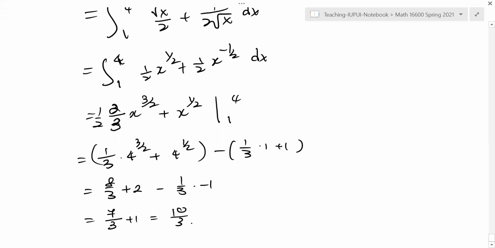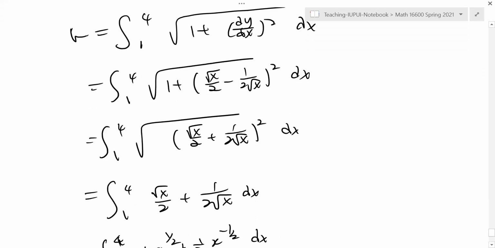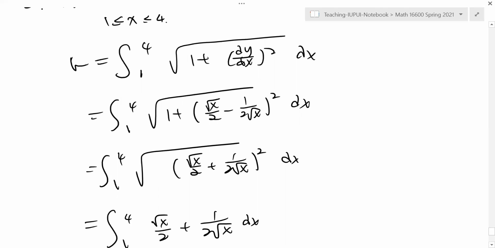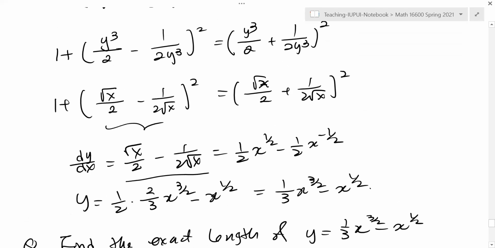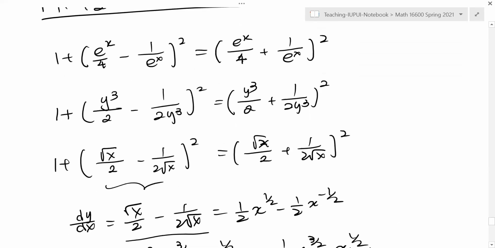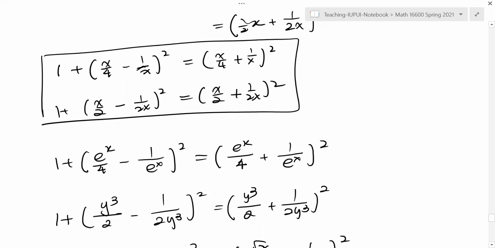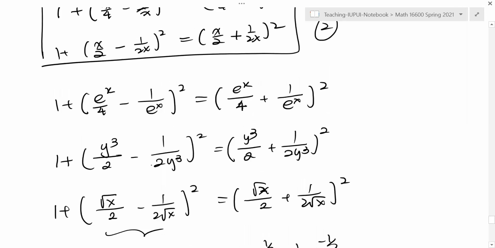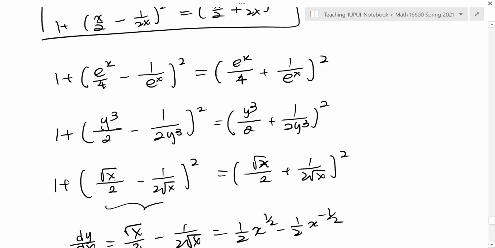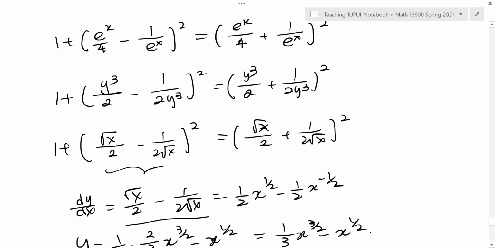But how do I get this? How do I make this example? I'll just tell you the secret, right? This is how I make an example. I use one of these formulas, and I can replace x by e to the x. I can replace x by y cubed. I can replace x by square root x. Then I solve for y, because this is where you put a dy over dx, right?